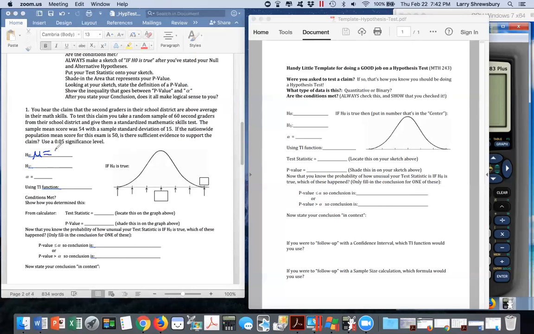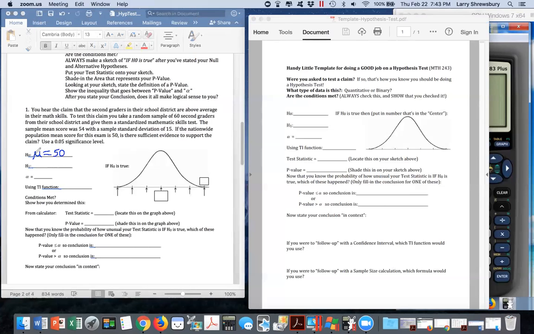And you might be saying, well, how do you know it's the 50? Are you sure it wasn't that 54? That 54 was the sample mean. You never, ever put the sample mean in the hypotheses. Because look, we know what the sample mean is equal to, 54. We don't need to hypothesize about that. That's a given. That's a known. What we hypothesize about is what we don't know.